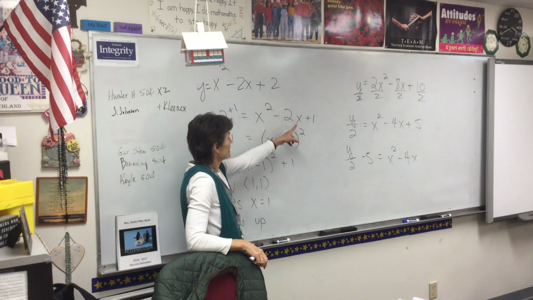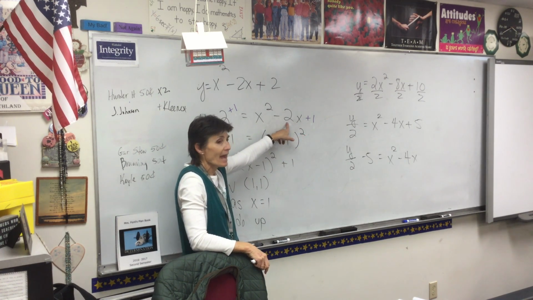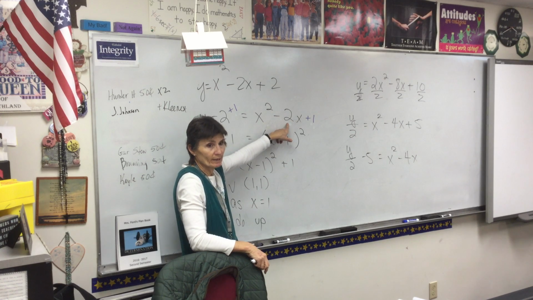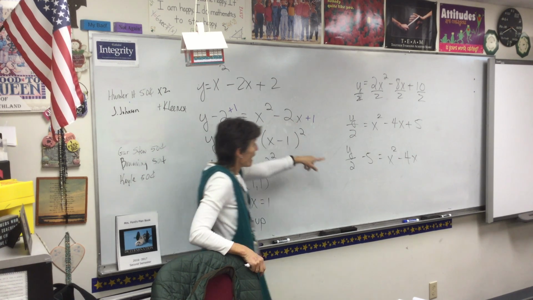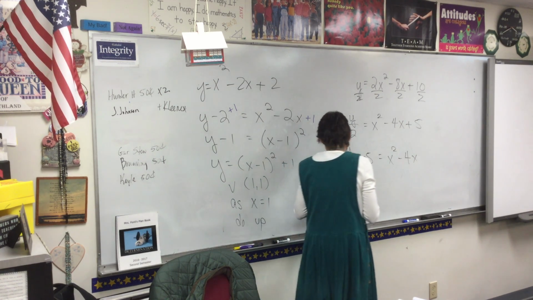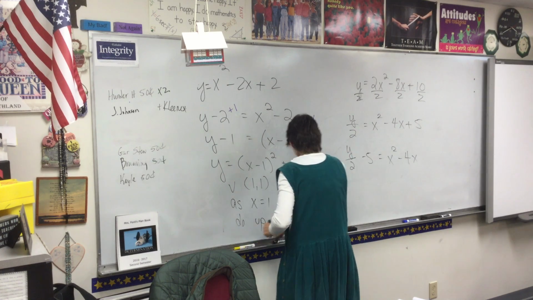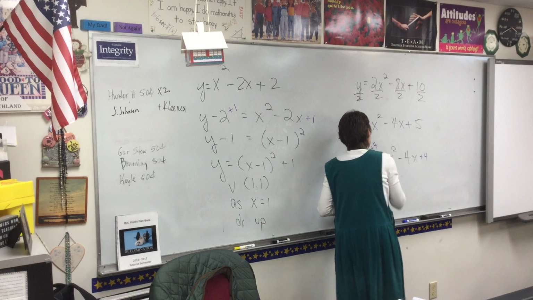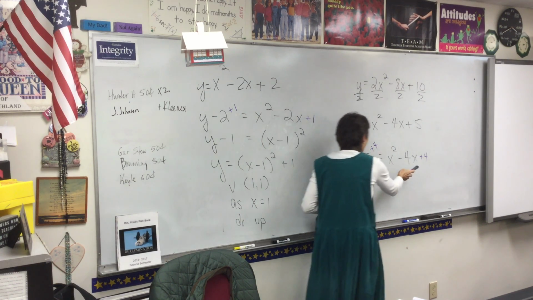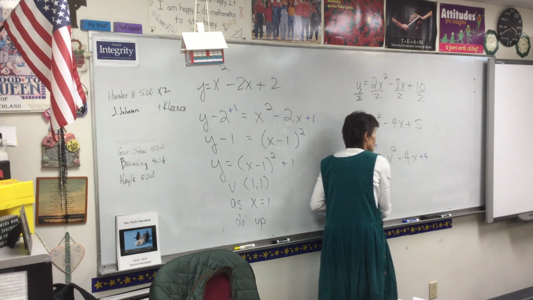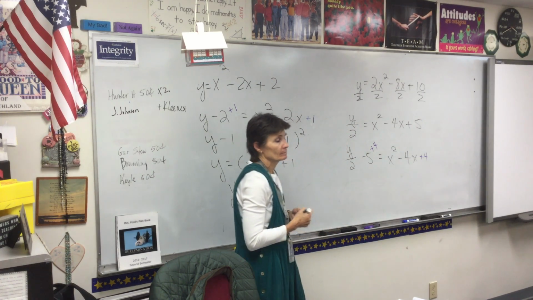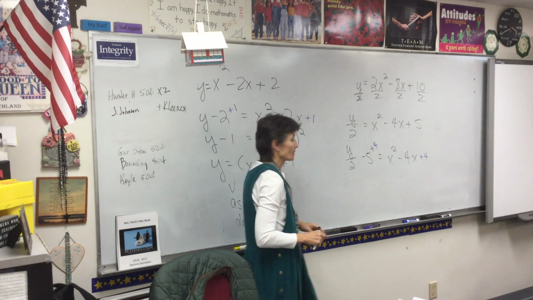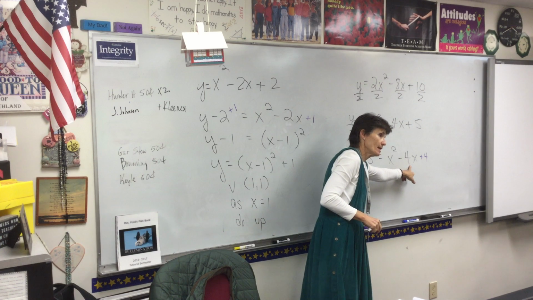Because remember, to get this purple number, you take half of this and square it. So half of 4 is 2, and 2 squared is 4. So you have got to remember that's a 2-step process. You take half of this and square it.